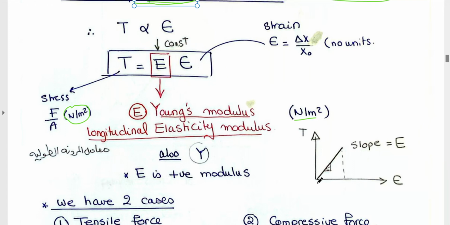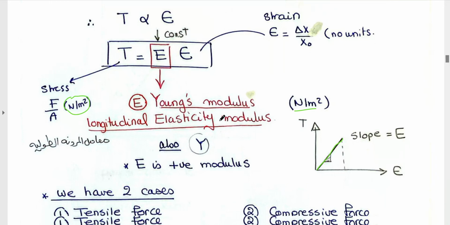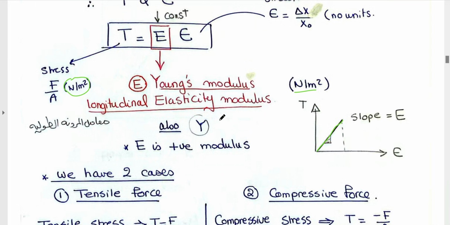If I want to draw the stress against the strain, it will be a straight line, and the slope of the straight line will be Young's modulus. Young's modulus is also called the longitudinal elasticity modulus because it is the modulus used when we are talking about longitudinal elasticity, or elasticity in length.